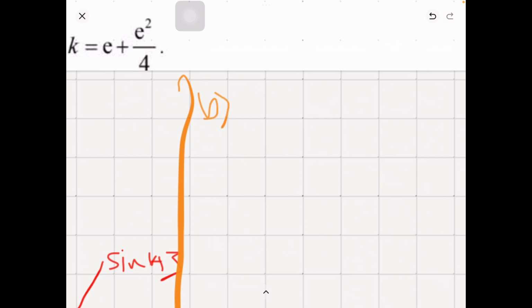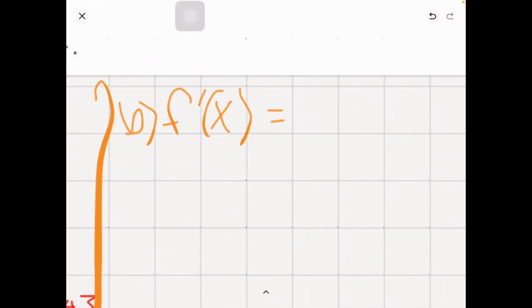So let's go ahead and section this off. This is part B. Because we already know f derivative of x, all we need to do is find g derivative of x.